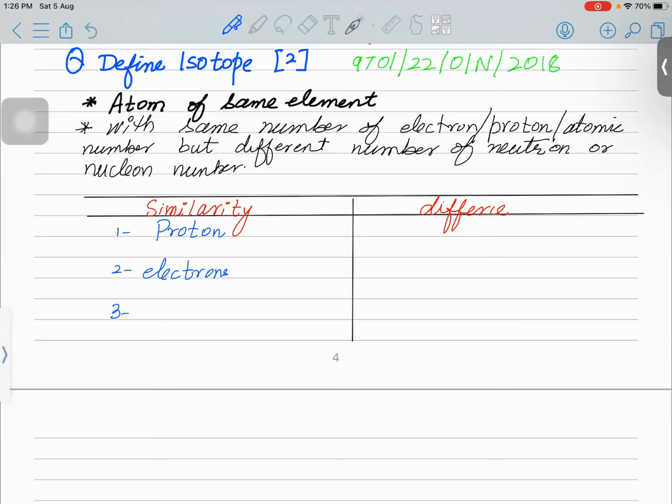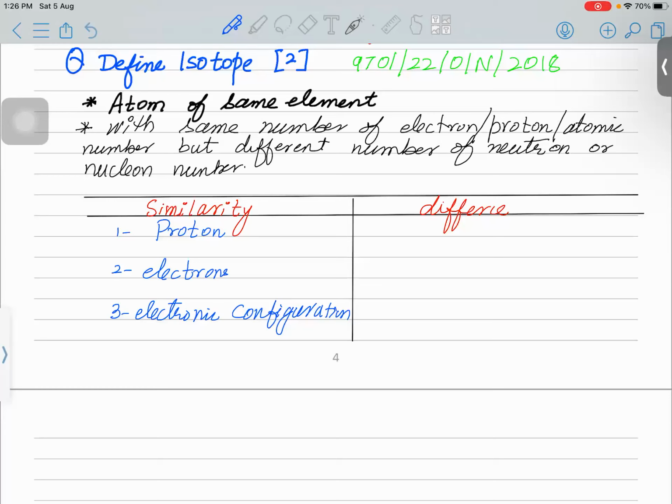So if electrons are the same, then electronic configuration is also the same. Distribution of electrons within the orbits is called electronic configuration. So isotopes have the same protons, same electrons, same electronic configuration.